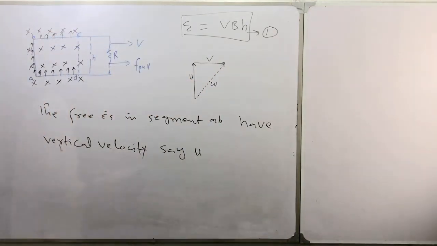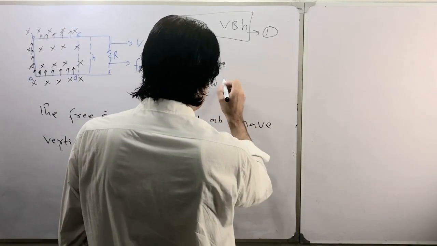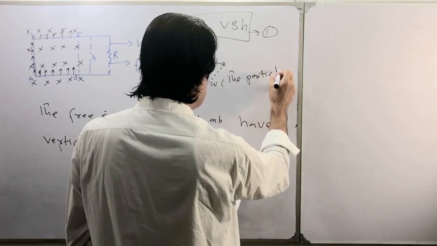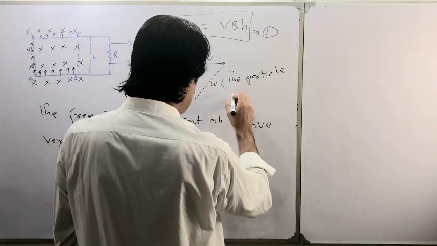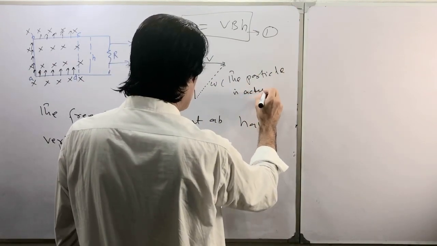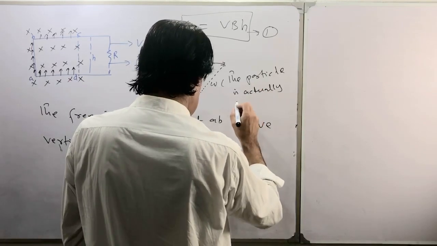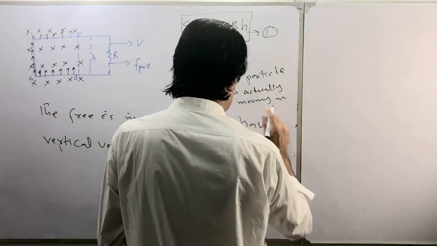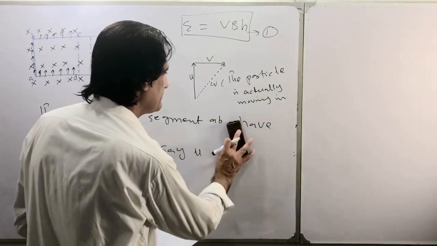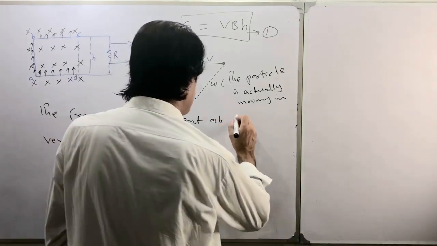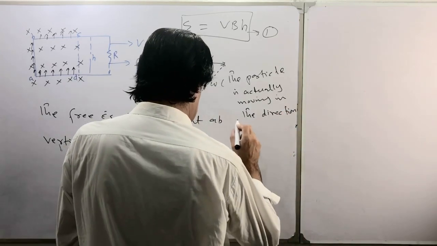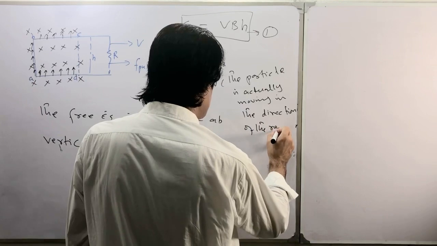This will be the actual, if I write down like this W, this is the particle is actually moving in the direction of the resultant.